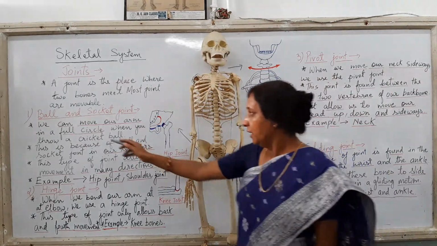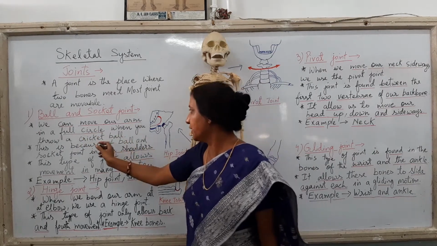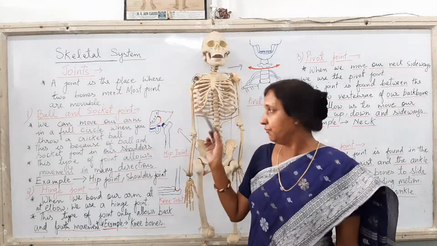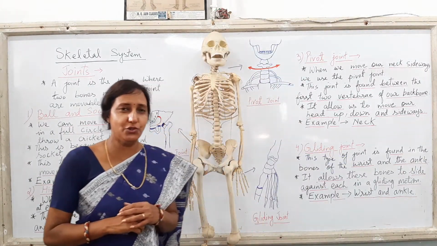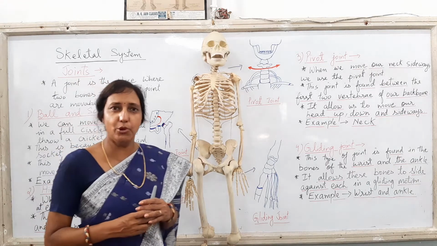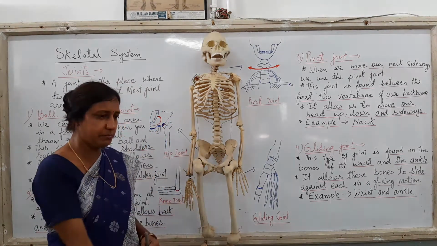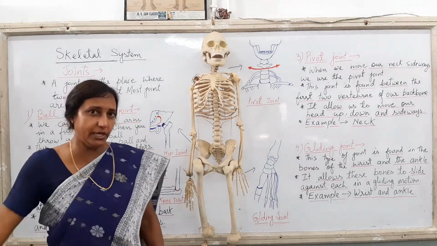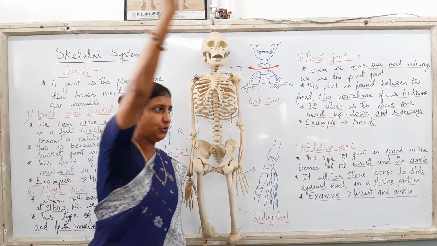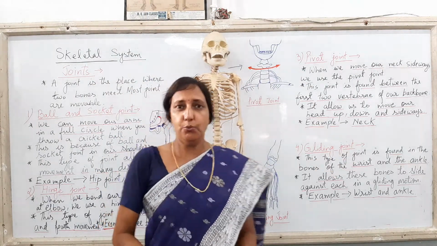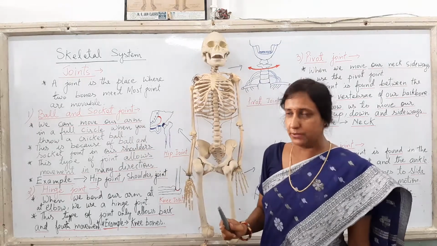We can move our arm in a full circle when we throw a cricket ball. Children, to understand a ball and socket joint, you must have watched cricket on television and seen a bowler throwing a ball when bowling. He makes a circular movement of the shoulder and throws the ball. With the help of the ball and socket joint, that person is able to do this.